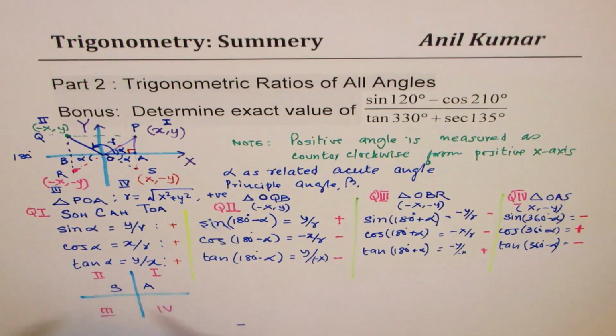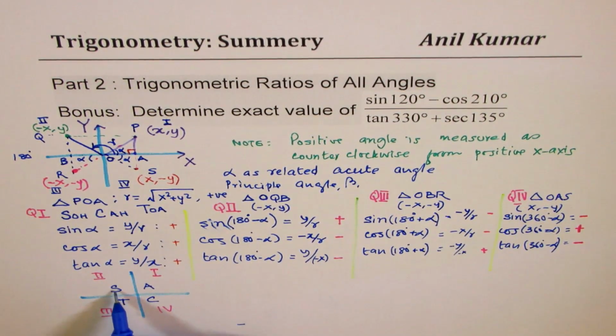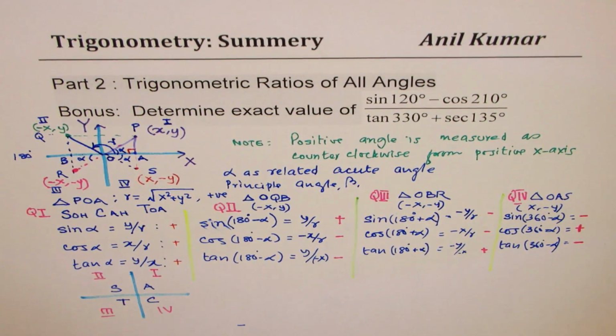Sine is positive in quadrant 2, tan is positive in quadrant 3, and cos is positive in quadrant 4. So all students take calculus, all silver teacup, or the CAST rule, as followed in different continents. You can try to remember any one of these.